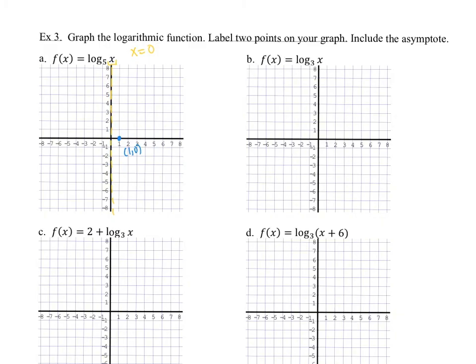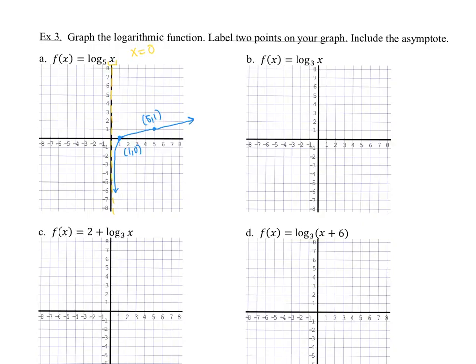If I plug in x as 5, the log base 5 of 5 is 1, which means 5, 1 is also on my graph. That's not much, but because I know the asymptote is going this way, and I know that the graph appears to be increasing this way, that's enough for me to get a decent sketch. And as long as I have those 2 points and I'm respecting the asymptote, that's a good graph.